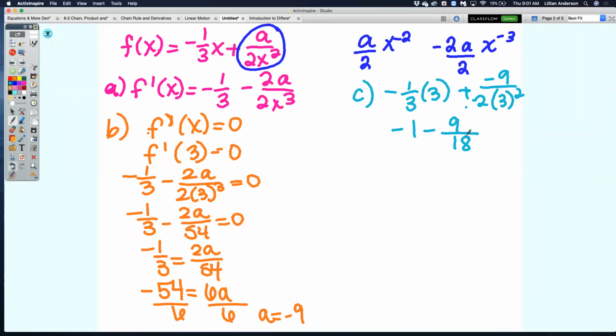So what's -1 minus 9 over 18? It's -1 minus 1/2, which is -1 1/2, or -3/2.